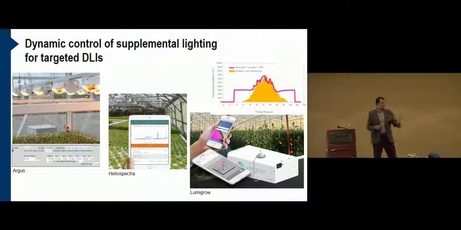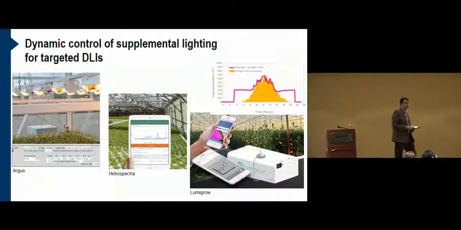These systems basically look at the historical data to predict what would be an expected daily light integral or the photosynthetic active radiation for a given day, with an actual quantum sensor providing the feedback to look at the gap in terms of how much supplemental lighting you need to provide in that environment to really hit that daily light integral target in that application.